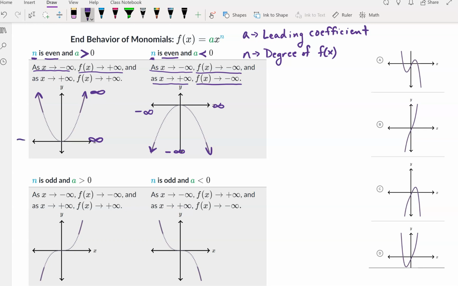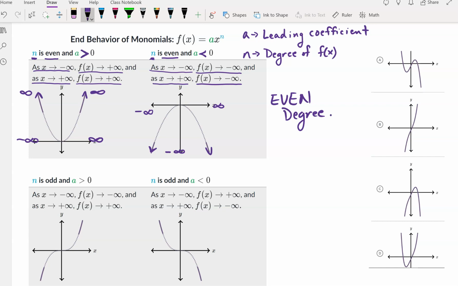And as x approaches negative infinity, your y actually this time approaches infinity. And you see the notation coming about right there. So either both opening up or both opening down, and that is for an even degree.